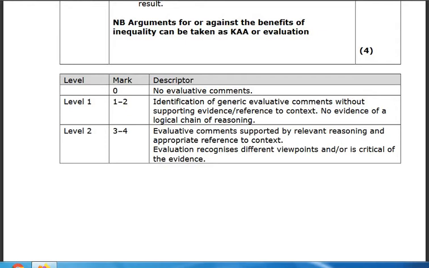It's completely unrelated to the context or unrealistic. You can write pages and pages of that stuff, but if it's all of the same ilk, it's all generic, and none of it's really explained. It's just lists of unsubstantiated assertions, and there's no logic chain there. Tough. You're in level 1.